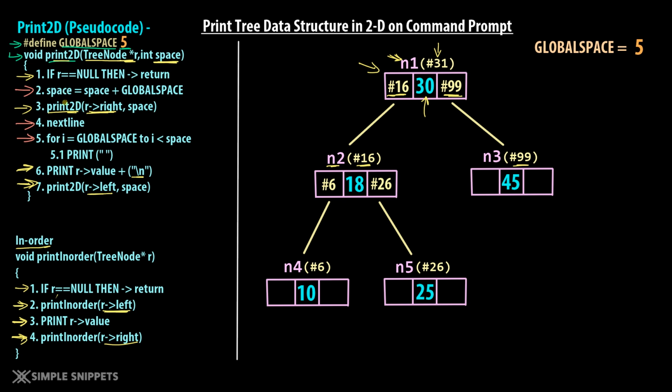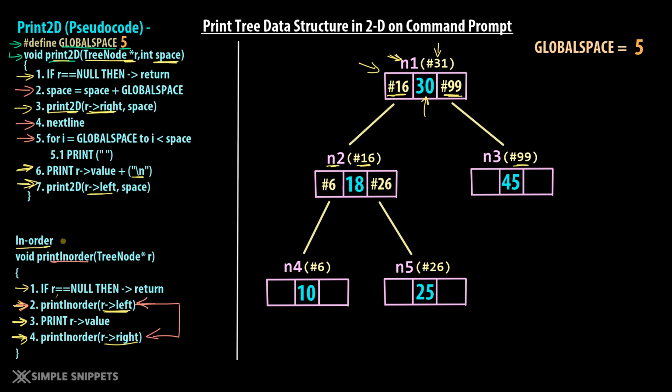What I wanted to tell you is that this print2D function is operating in a reverse inorder way. If you simply swap statement 2 with statement 4, that is, if you traverse the right side first and the left side later, print inorder becomes print reverse inorder.